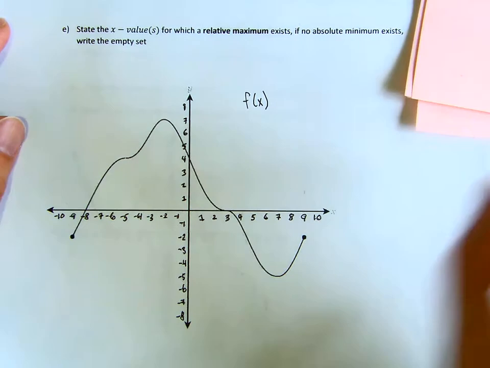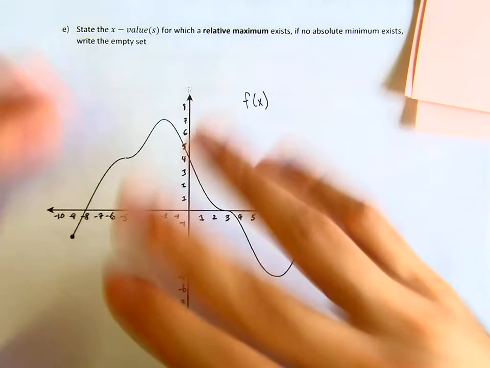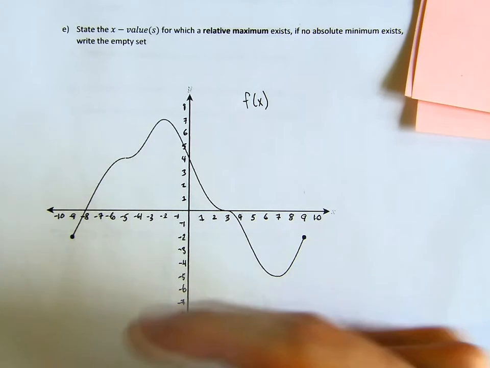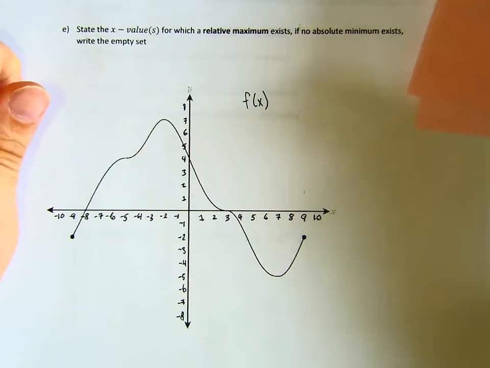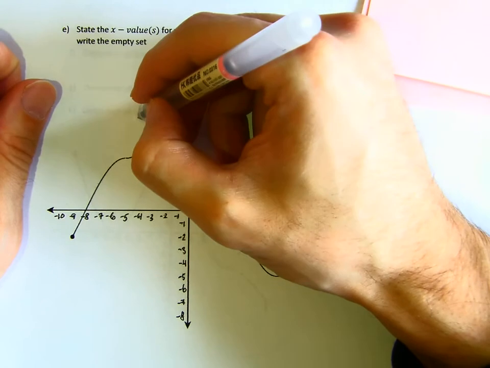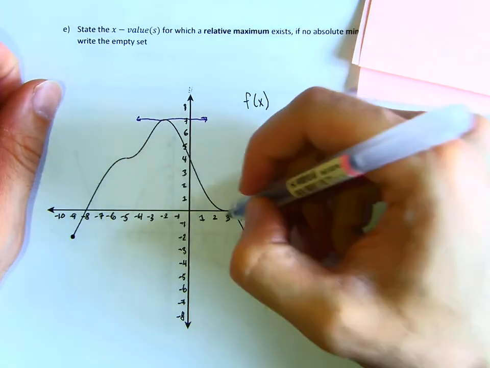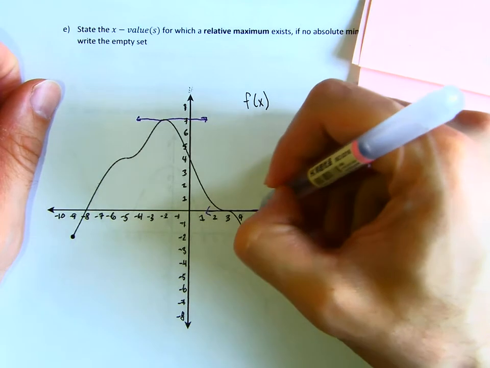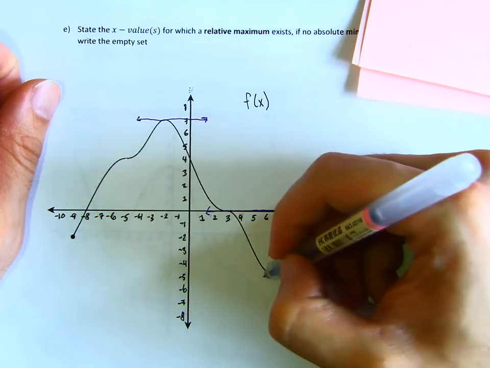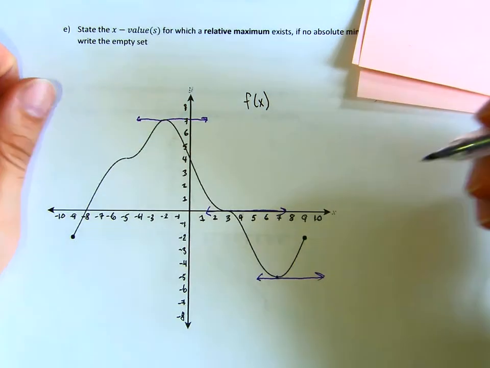Where will the horizontal tangent lines exist in this graph, and how do they occur? There should be one over here, one over here, and one over here at this point.